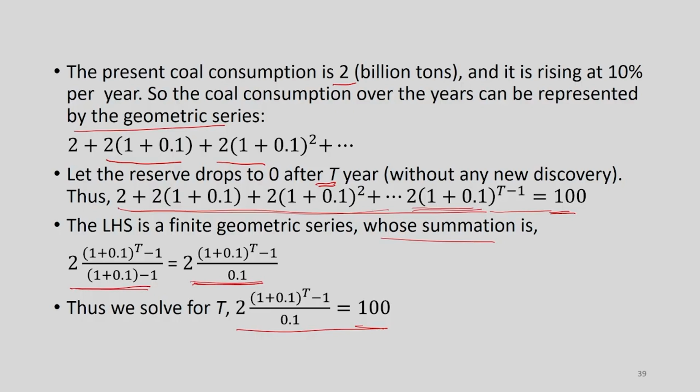If the consumption actually rises by a faster rate, let us suppose after some years, then actually the exhaustion of coal reserve will take place even in fewer years. And on the other hand, if people are more conscious of the environment, then maybe the consumption growth will slow down, and in that case the reserve will last for a longer duration.